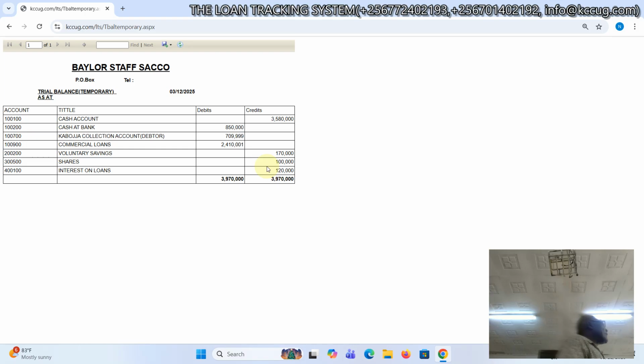Do you know why? You remember yesterday when we disbursed the loan, we disbursed that loan through what? Through cash. It means that we spent all that, but there was a loan of 2 million shillings, and a loan of 1 million shillings. We disbursed through cash. It means that the cash account lost money which it did not have.